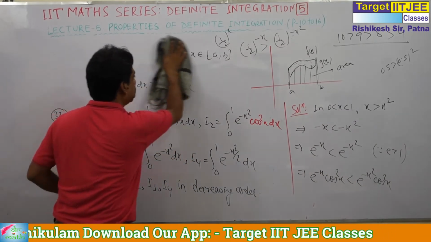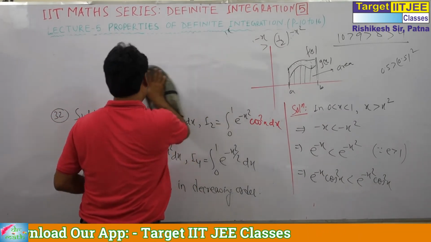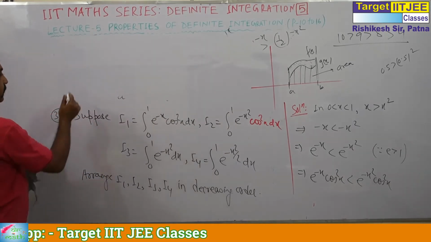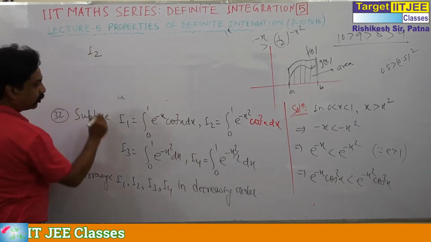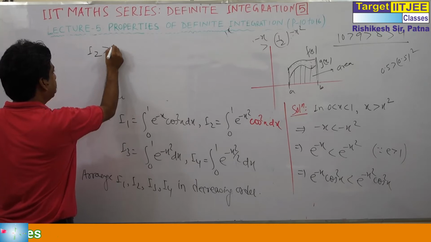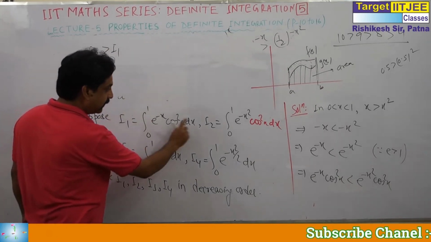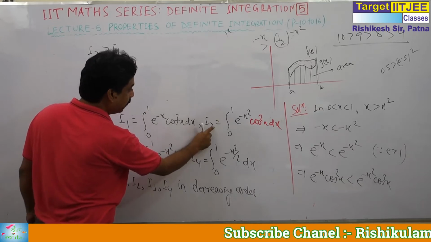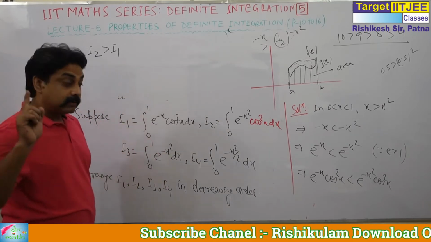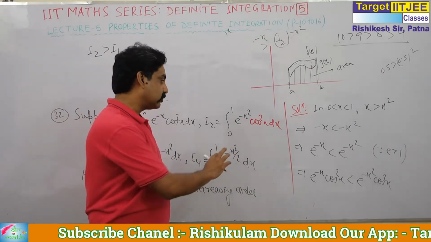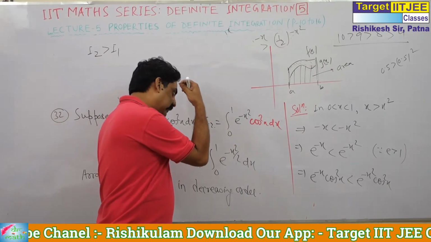So what can we say? We can say that I2 is greater than I1. Straightforward. So we have compared I1 and I2. Now go to I2 and I3. See the logic, only logic prevails. Nothing in this question, we have to do nothing with integration.